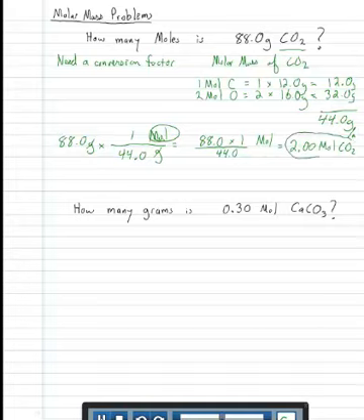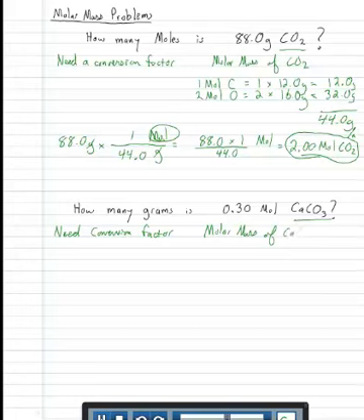So let's do another good example. Another good example here is how many grams is 0.30 moles of calcium carbonate, CaCO3. Again, we need that conversion factor. So the molar mass of CaCO3 is that conversion factor.